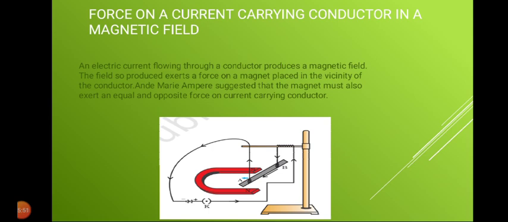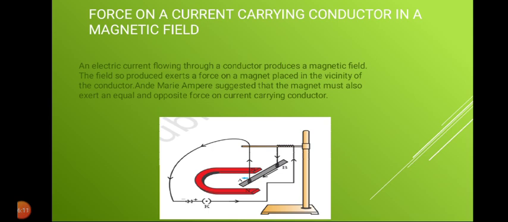Then we can observe the direction in which the conductor moves. Now, if we reverse the direction of the electric current, as we can see in the diagram, what direction does the conductor take now?